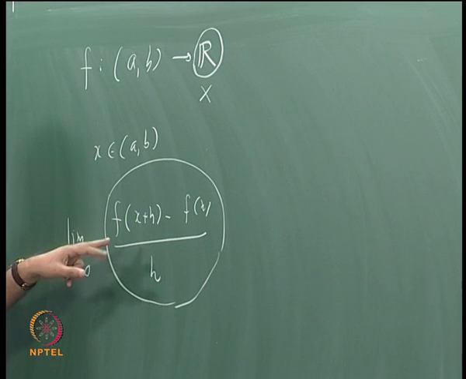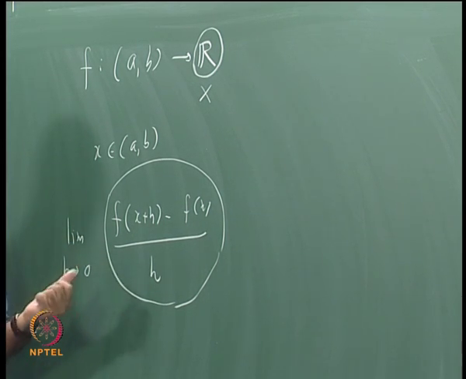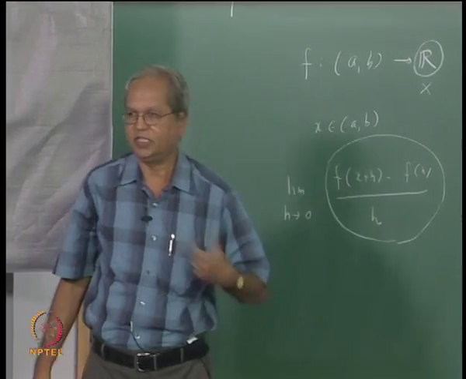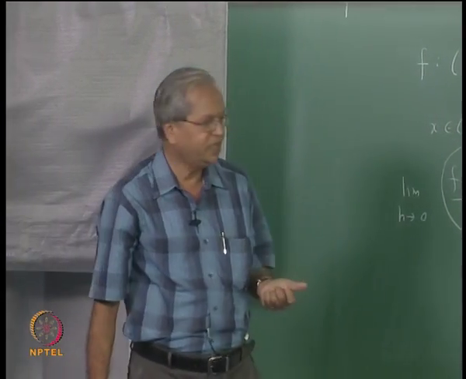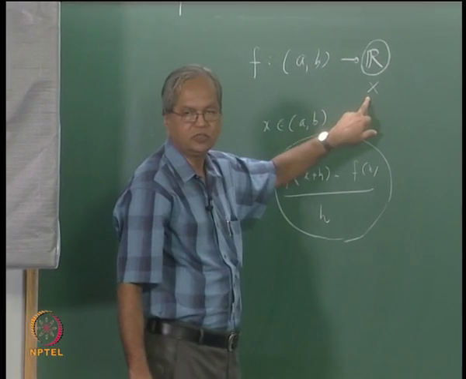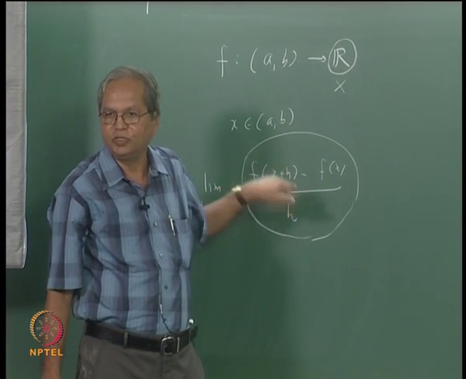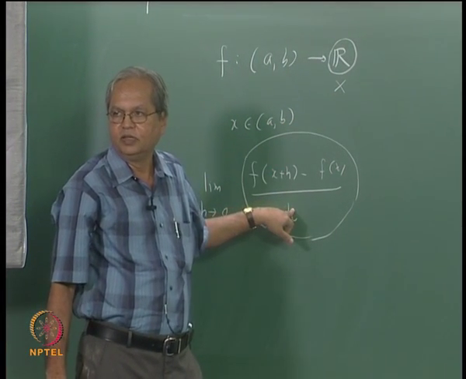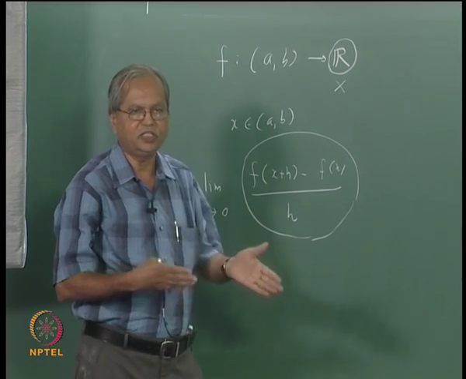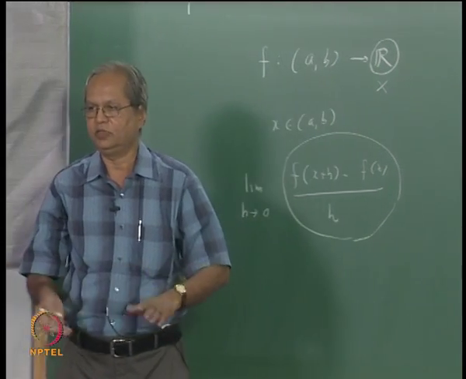You have seen till now that you can talk of limits when it is a metric space. So what we need is that this should be a vector space, and not only a vector space, it should also be a metric space. And of course there should be some relationship between that metric and the algebraic operations.